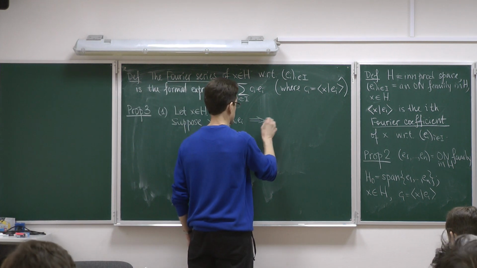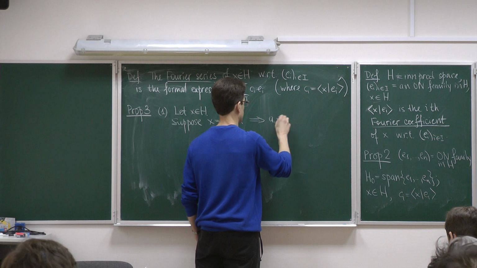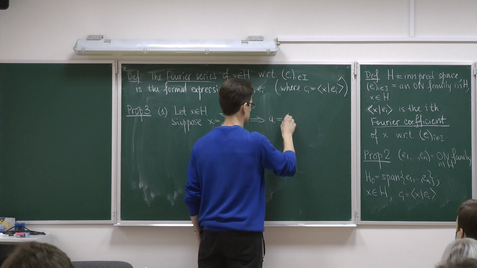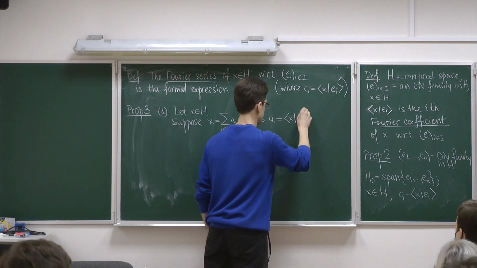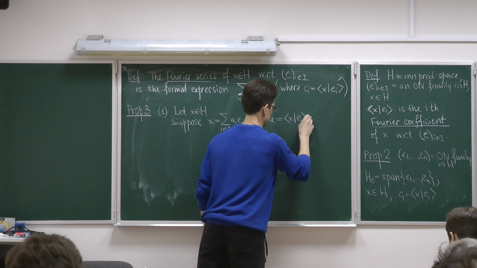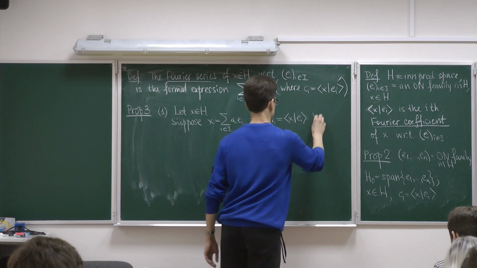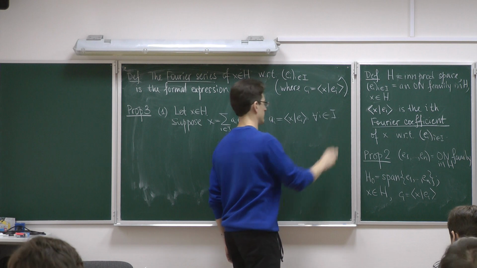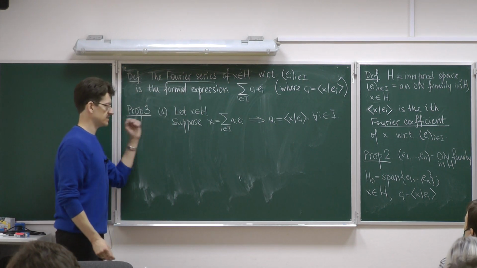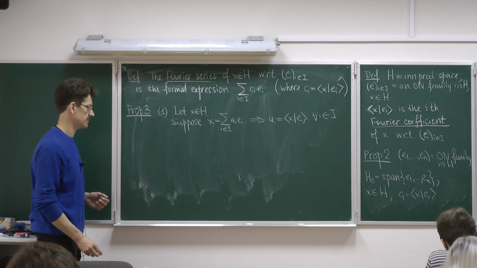I claim that in this case, each coefficient Ai is precisely the Fourier coefficient of X for each i. So this statement is the so-called uniqueness of the Fourier series.